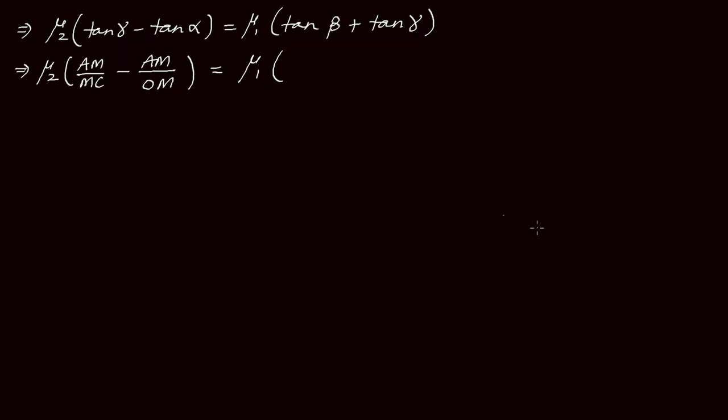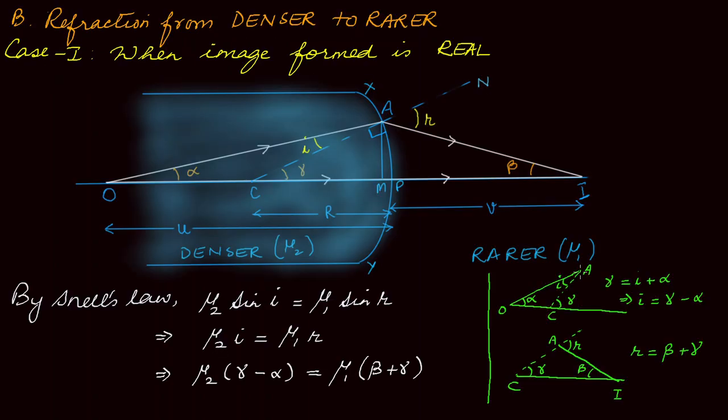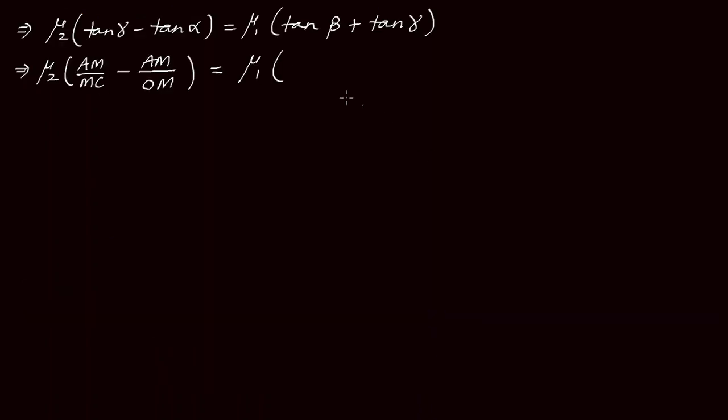Mu1 tan beta. Tan beta is how much? Beta is this, so that will be perpendicular by base, AM by MI, plus tan gamma. Tan gamma is this, AM by MC.